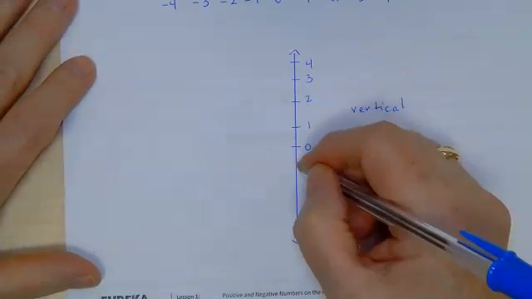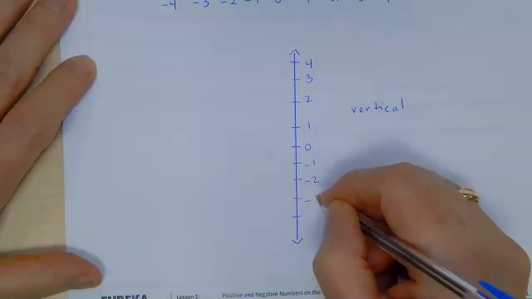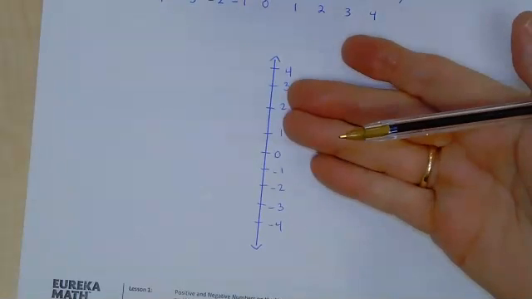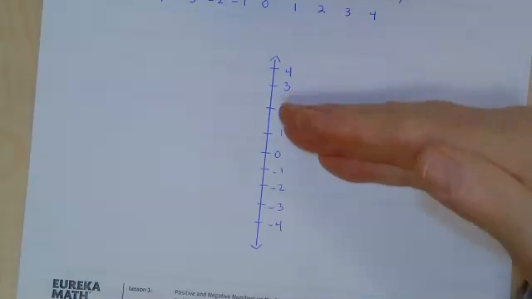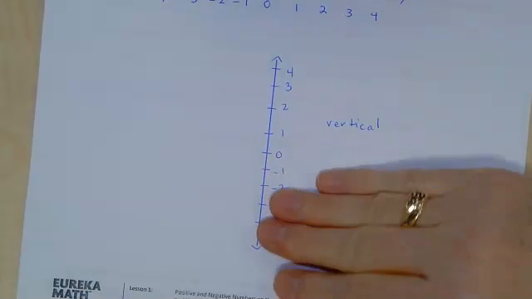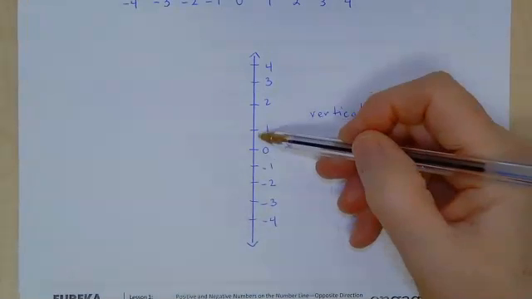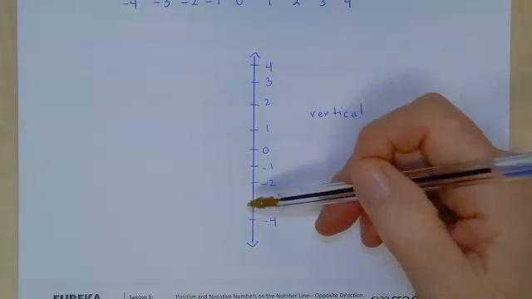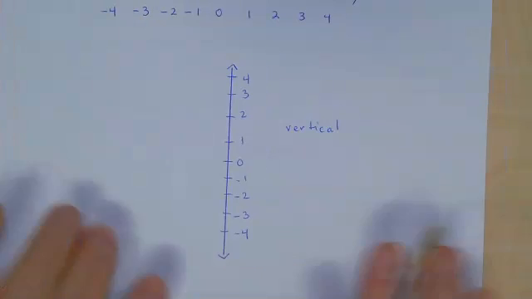But below 0, looks like that. Okay, so it's like the numbers are flipped over. Like, look at this. They just flip them over. Right? So there's a 1 here and a 1 here. 2, 2, 3, 3, 4, 4. Okay? So that's what we're going to talk about.